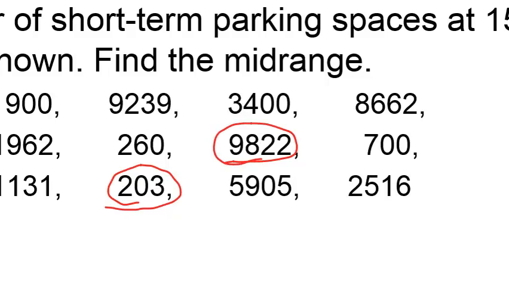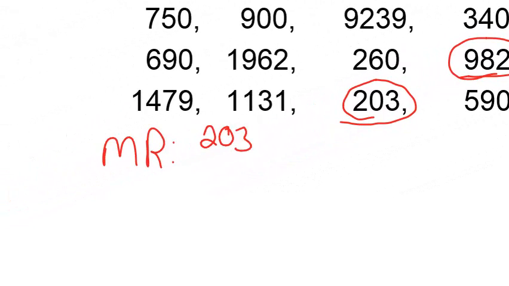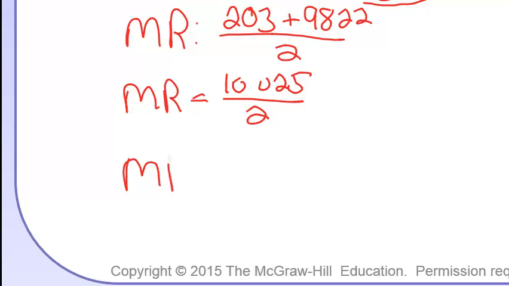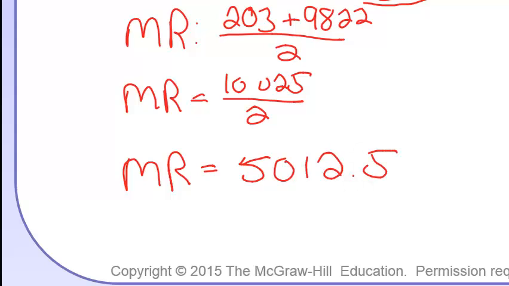So our mid-range is going to be 203 plus 9,822 divided by 2. And we get 10,025 divided by 2. So our mid-range is going to be 5,012.5.